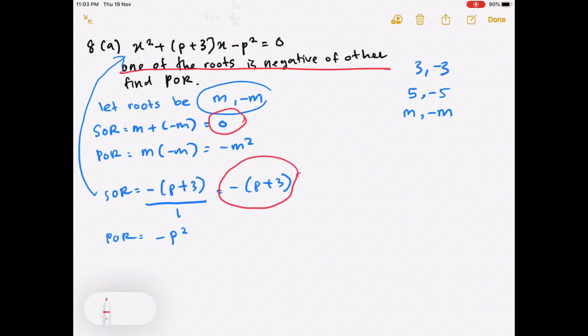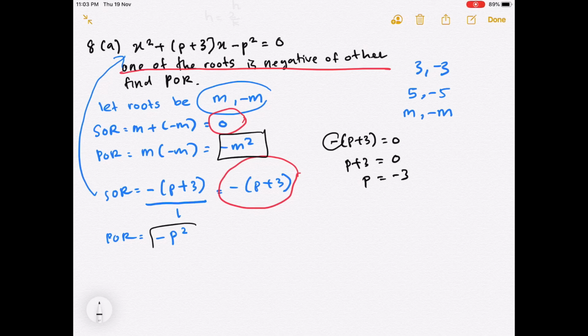So you compare. So negative P plus 3 equal to 0. So 0 ni macam negative 1 lah. So 0 divided by negative 1 is 0. So you have P plus 3 equal to 0. So P is negative 3. And then you compare POR dengan POR.